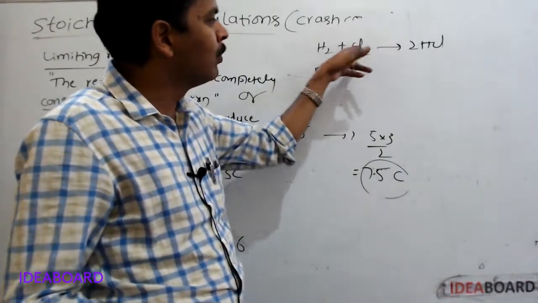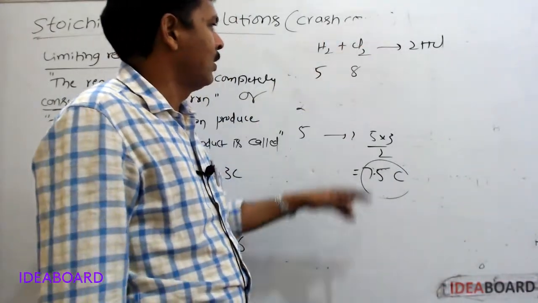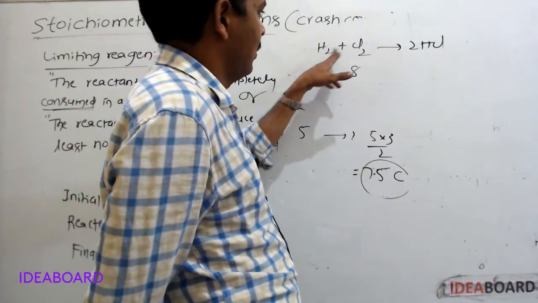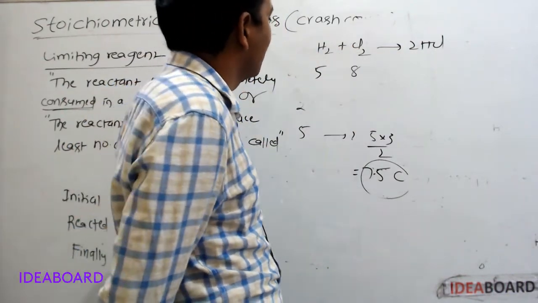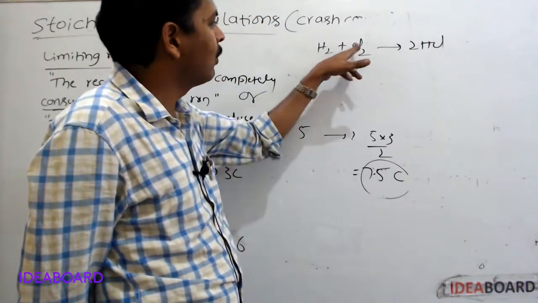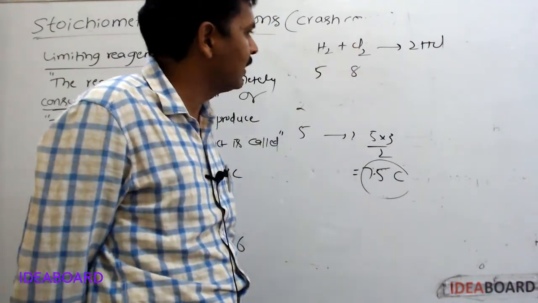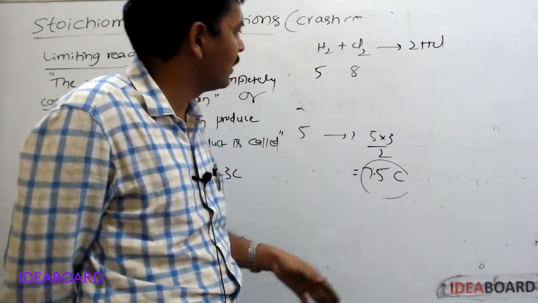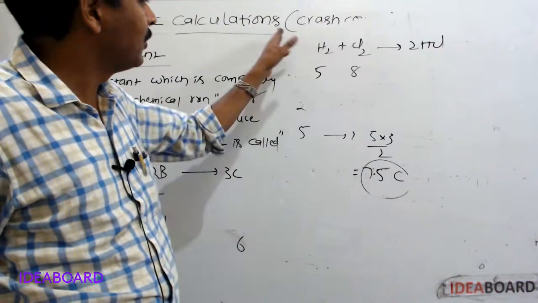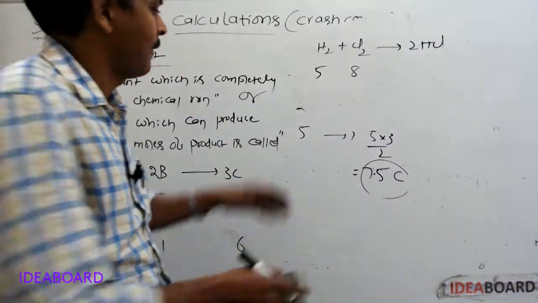For 1 mole of hydrogen, 1 mole of chlorine is enough. Then for 5 moles, how many moles of chlorine must be required? 5 moles, but here excess of chlorine is given. So which is completely consumed? Hydrogen. So hydrogen is the limiting reagent.